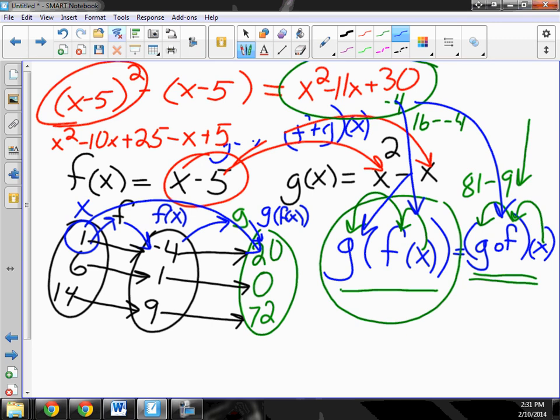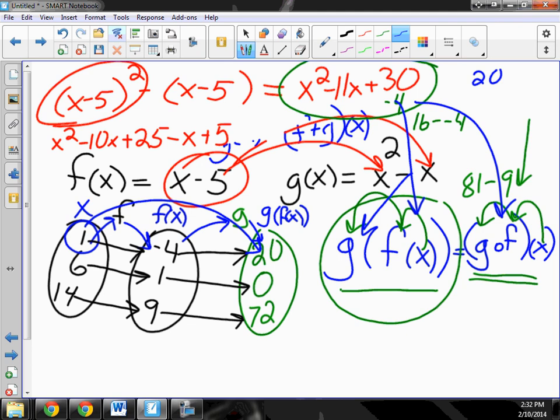So let's try it. Plug in 1. 1 squared is 1, minus 11 is negative 10, plus 30 is 20. If I plug in 6, I should get 0. 36 minus 66 is negative 30, plus 30 is 0. Everybody understand that? Okay.